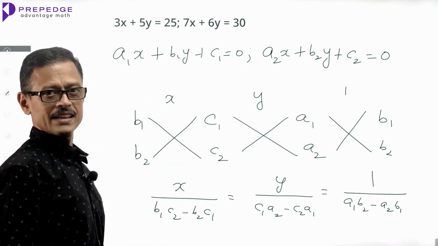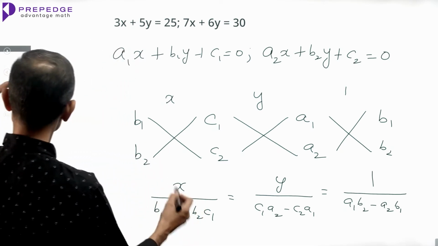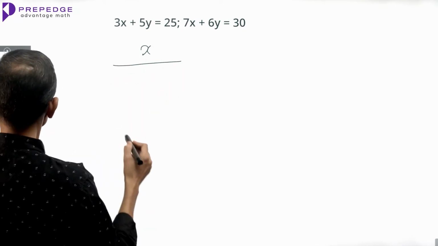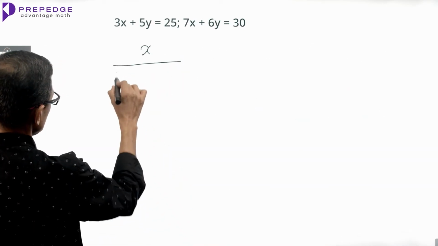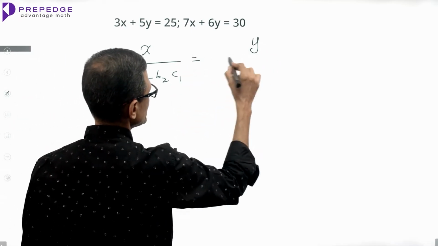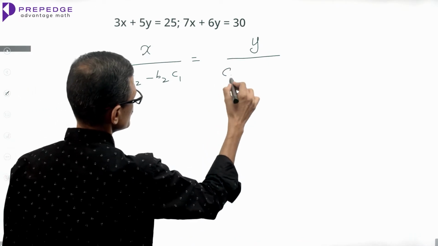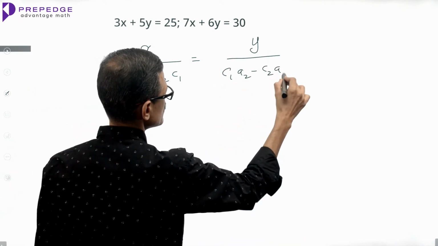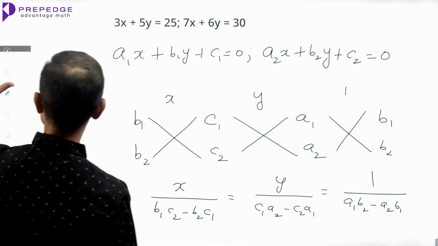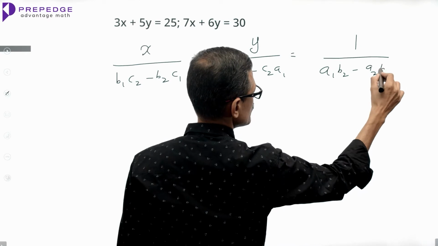Let's take it to the next slide and see what happens. We'll take this entire thing to the next slide. So x divided by b1 c2 minus b2 c1 is equal to y divided by c1 a2 minus c2 a1 is equal to 1 divided by a1 b2 minus a2 b1, right.